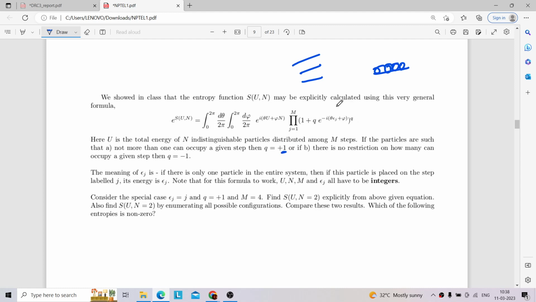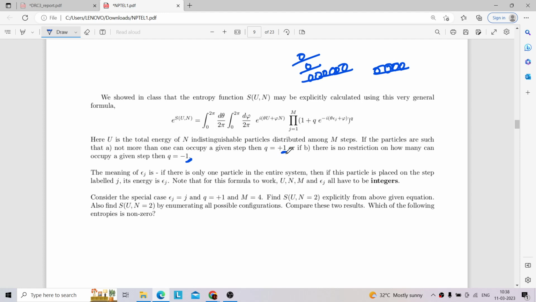Fermion means we can put only one particle in one energy level. And if q value is -1, we will get a distribution which is called Bose-Einstein distribution. By solving this, we will get a distribution for bosons, where we can put any number of particles in any energy state.